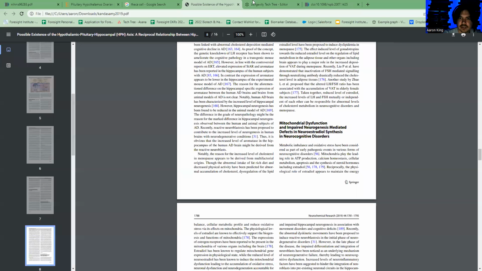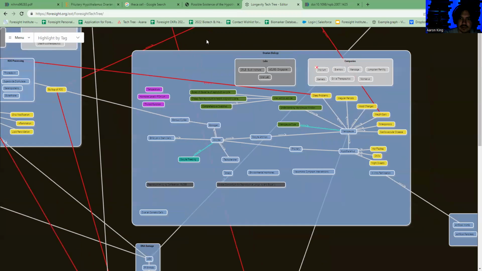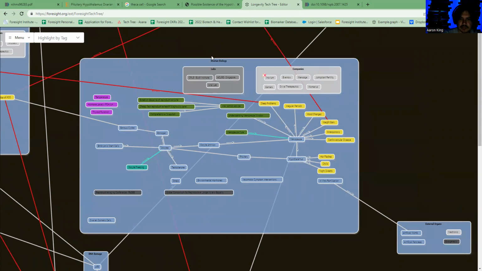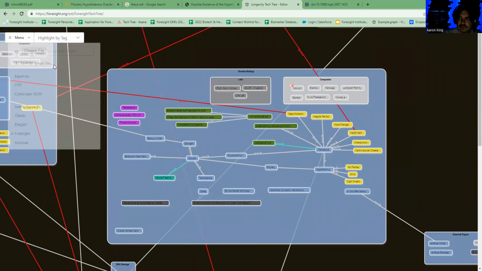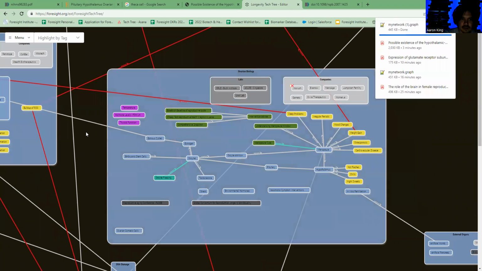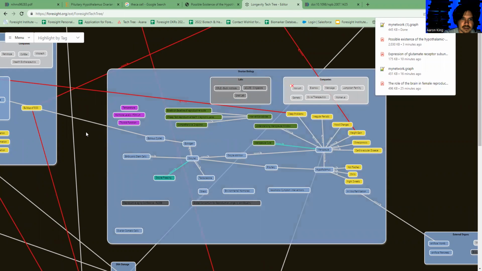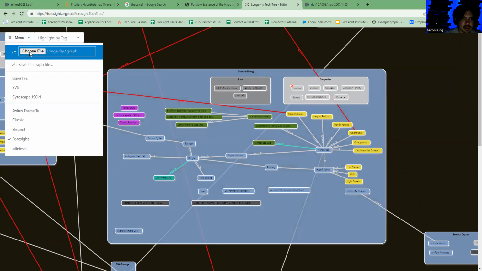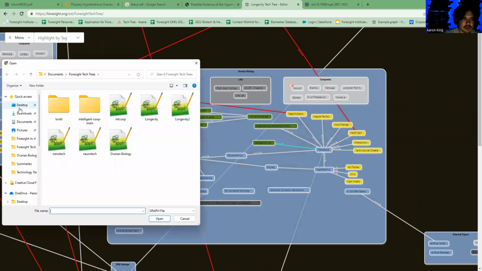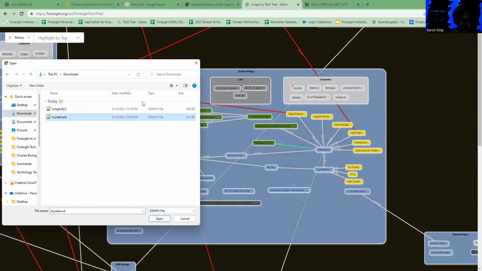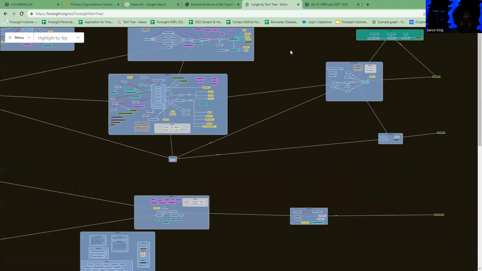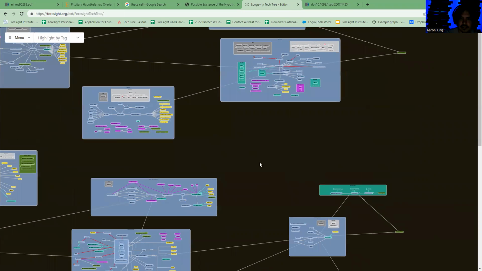So back over here. Save as a graph file and make sure that they're correct. This is longevity 2. The other one was longevity 1. We'll open that back up. Okay, where's the ovarian biology section?